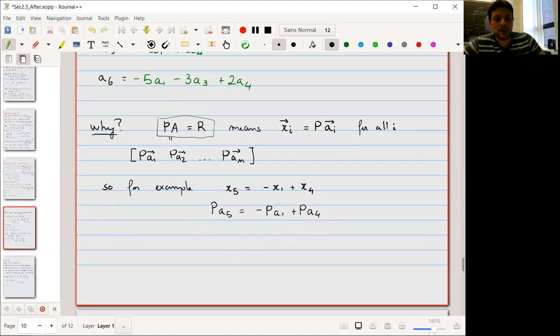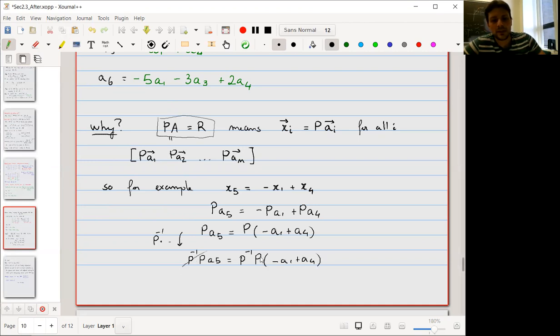And I can manipulate this a little bit. I get PA5 equals P times minus A1 plus A4. Now multiply both sides by P inverse on the left. That will cancel the P's. So we get P inverse PA5 equals P inverse P times minus A1 plus A4.